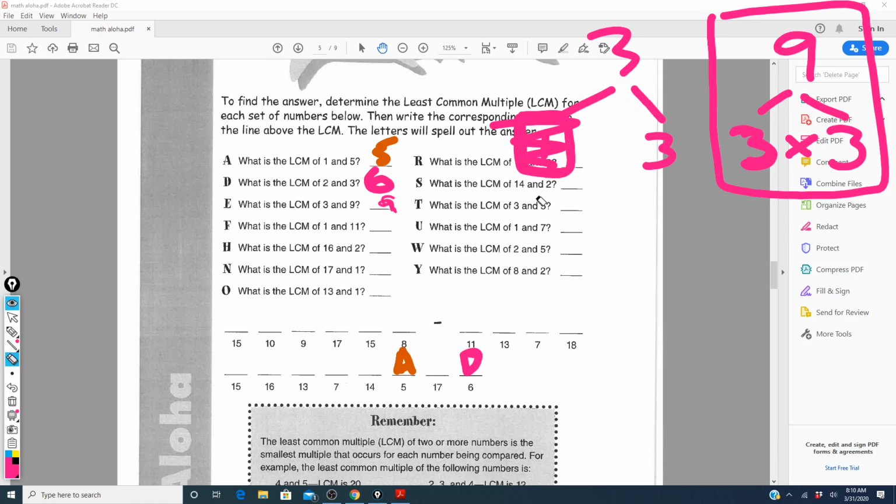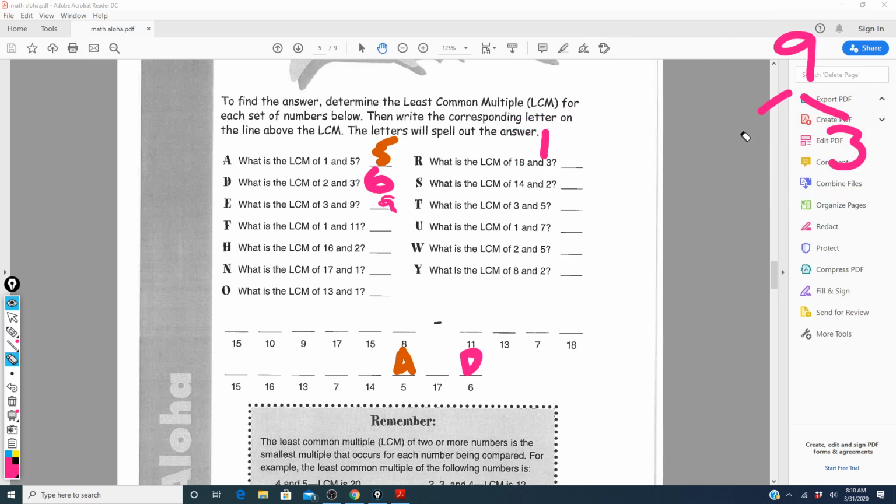So let's get this off here. Again, least common multiple, change of color here, least common multiple of 1 and 11. Well, the only factor of 1 is 1.